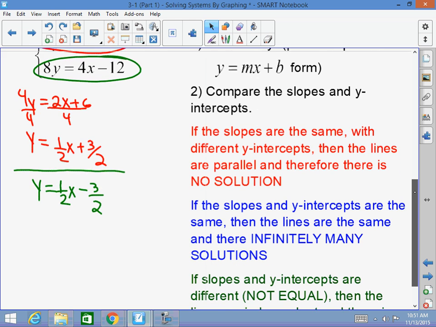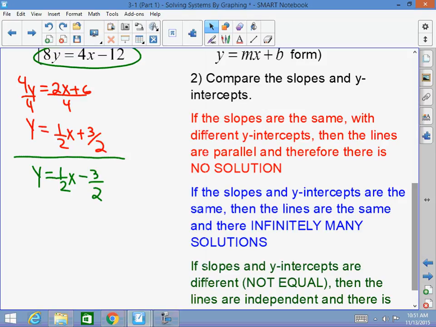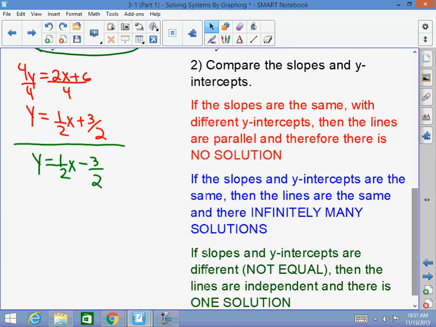Okay. So once you've solved them for y, now it's basically just a matter of comparing the slopes. If the slopes are the same with different y-intercepts, then the lines are parallel and therefore there is no solution. If the slopes and the y-intercept are the same, then the lines are the same and there are infinitely many solutions. If the slopes and the y-intercepts are different, that means not equal, then the lines are independent and there is one solution.